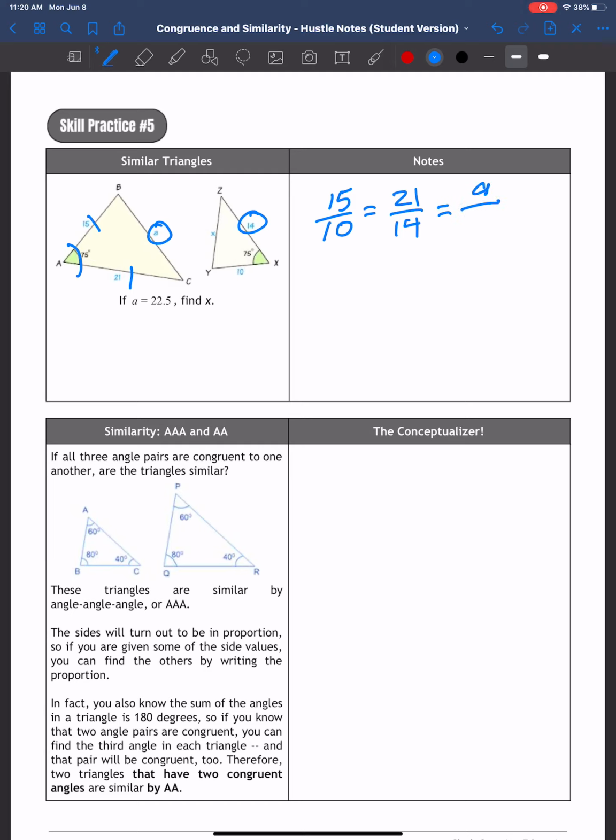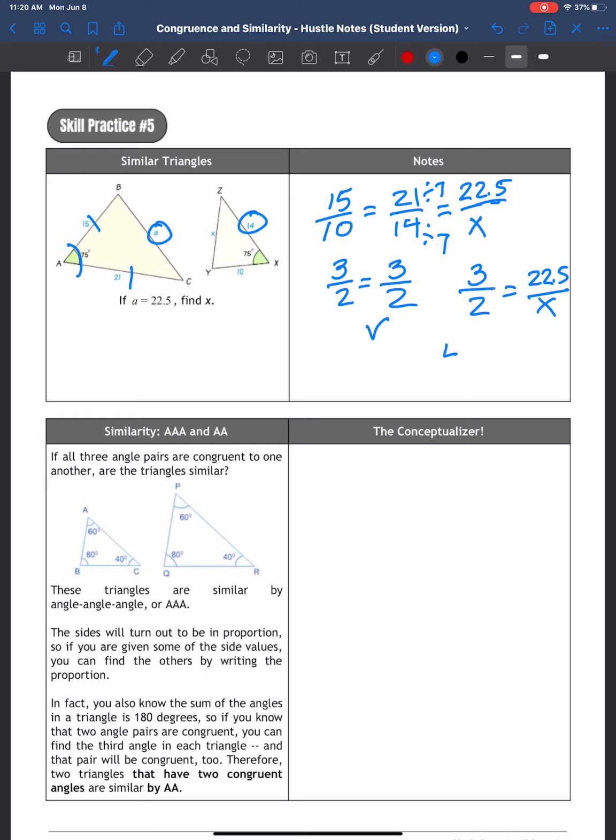A over X, or 22.5 over X, okay? So let's look at our first side. This would be 3 over 2. Divide each side by 7. You have 3 over 2. So that checks out, right? So if you do 3 over 2 equals 22.5 over X, we can solve.